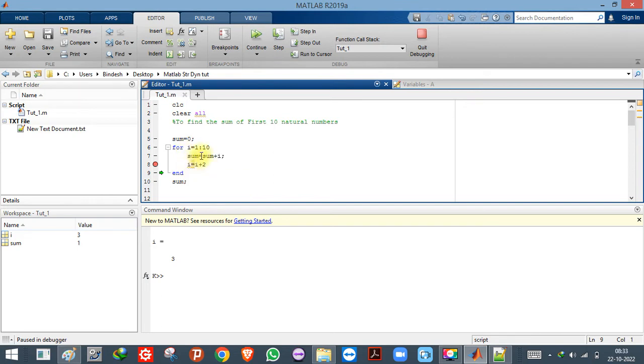So sometimes we need to run it 10 times, but we want to take 1, 3, 5, 7 like that. So if I again run it, now the I is 2, but here it will take 4. So when you don't need 1, 2, 3, 4, 5, 6 continuously, you need 1, 3, 5 like that, in that case you can utilize this logic.